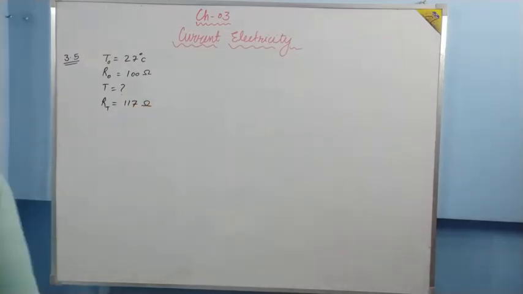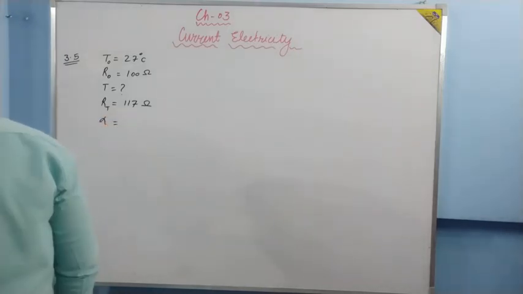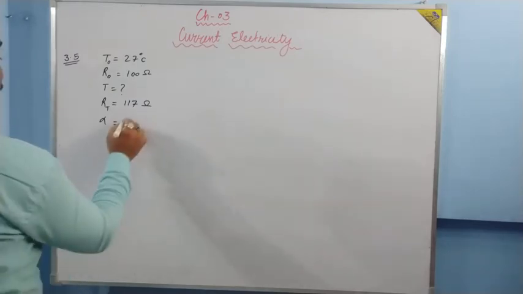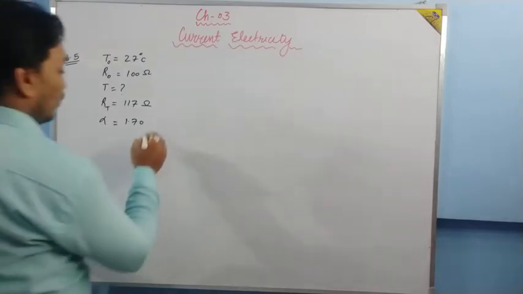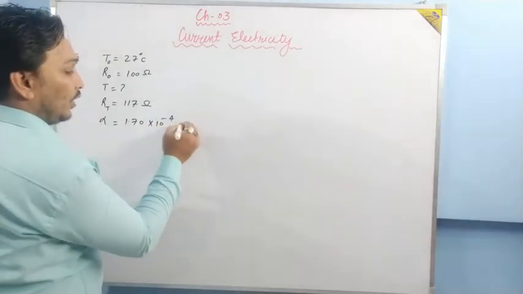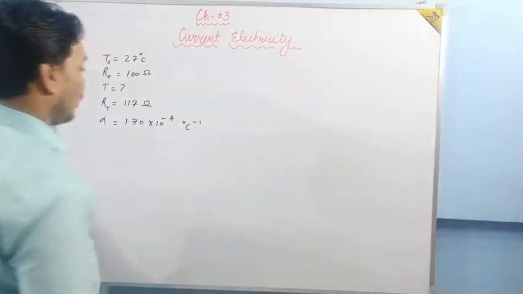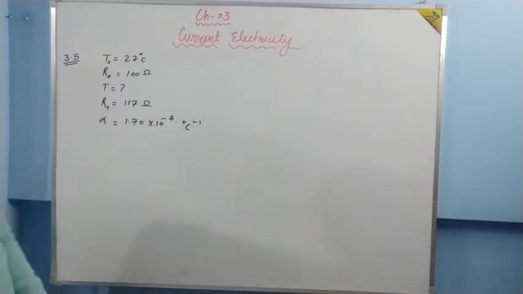Given that the temperature coefficient of resistor material, that is alpha, is 1.70 into 10 to the power minus 4 per degree Celsius. It is given. At T0 resistance is given.